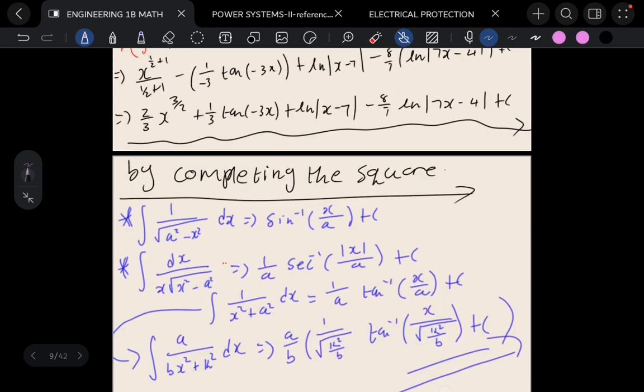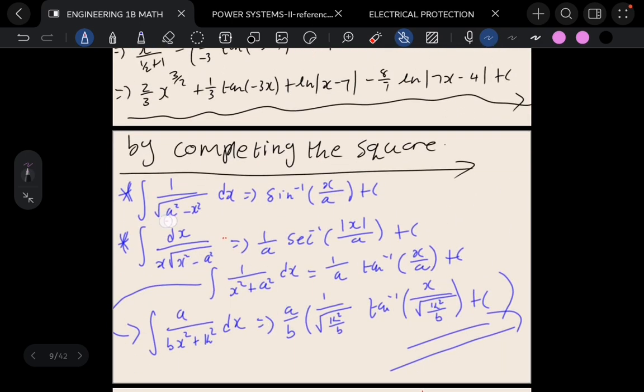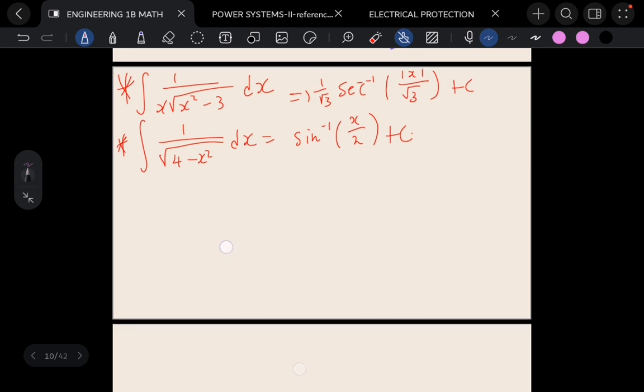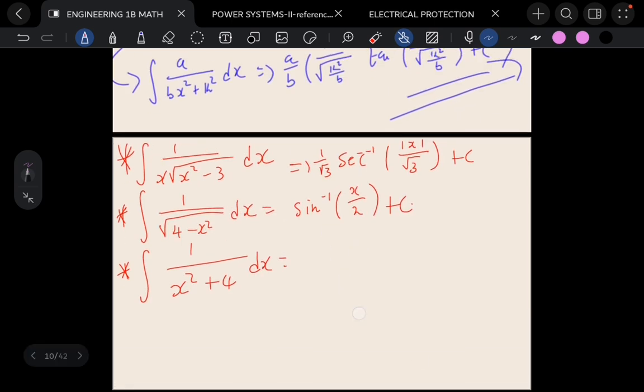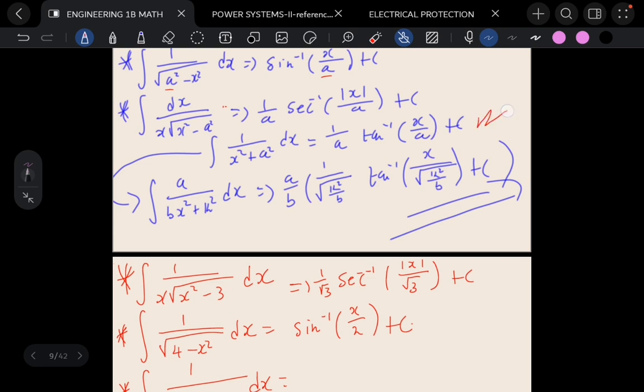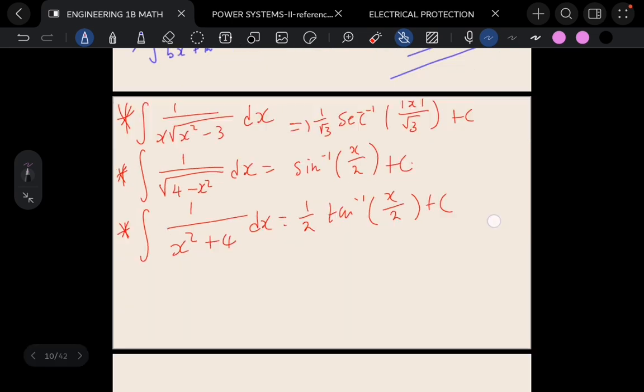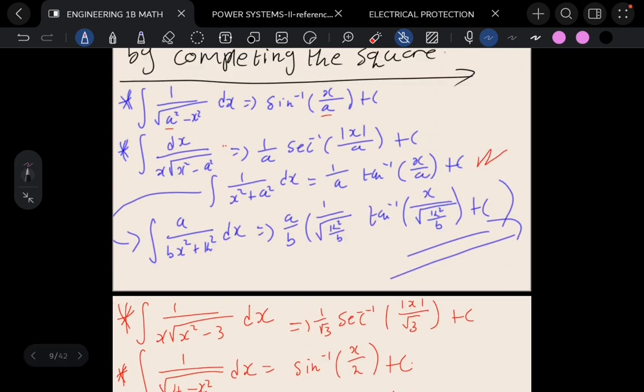Now, you see that if you have an a squared here, you're going to take the square root of that number. And when we take the integral of 1 over x squared plus 4 dx, we follow this rule. We are going to have 1 over 2 arctangent of x over 2 plus c. We're just following these formulas.